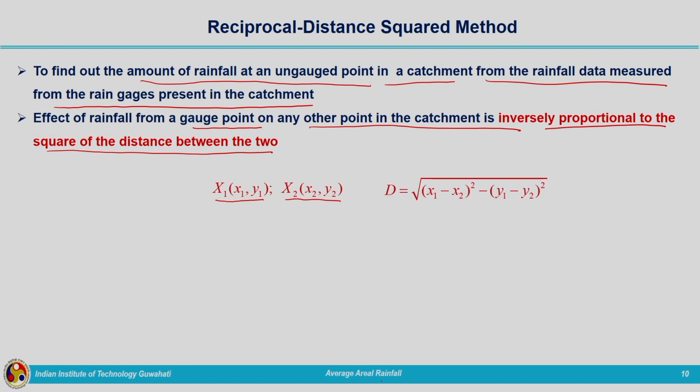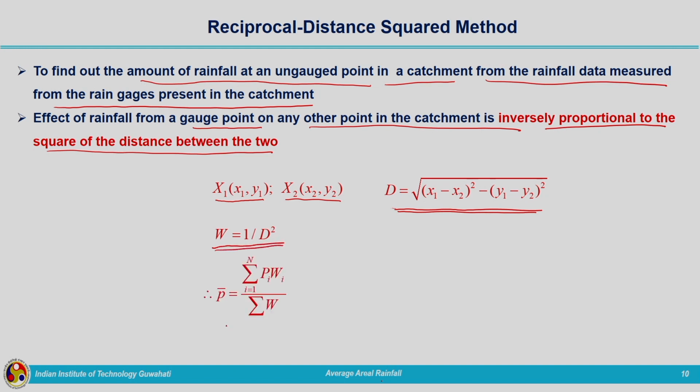That can be represented by capital D. It is given by the square root of (x1 minus x2) all squared plus (y1 minus y2) all squared. After that, we square it and take the reciprocal of that particular value. It is denoted by W. W is equal to 1 by D squared.